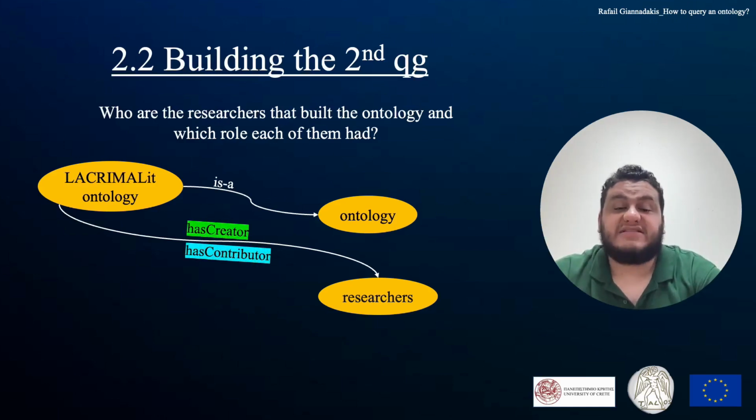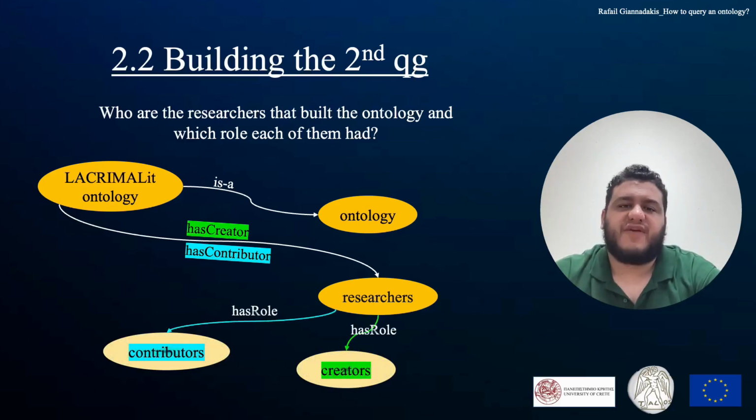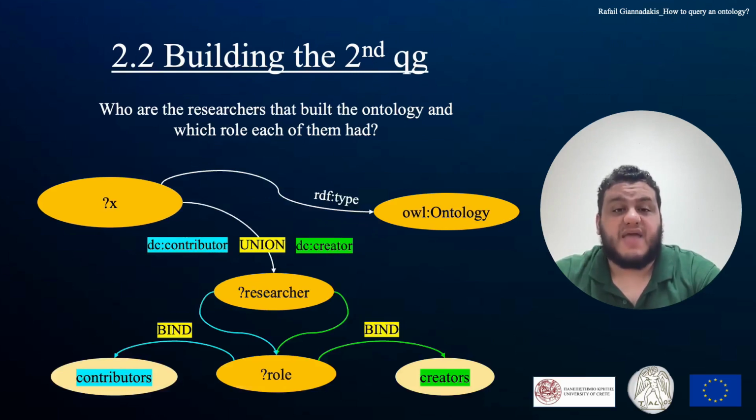Thus, depending on the relationship between the ontology node and the researcher's node, we change the value of each researcher's role. That is why we use the UNION and the BIND keywords along with the Dublin Core Metadata Initiative properties concerning the creator and the contributor of a resource.